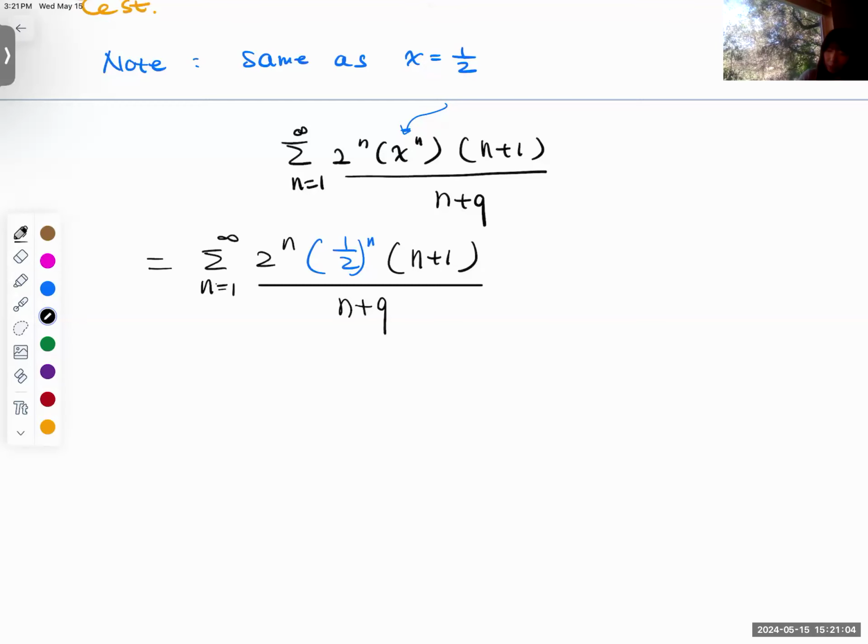So there will be the summation n equal to 1 to positive infinity of 1 to the n power, times n plus 1 over n plus 9.